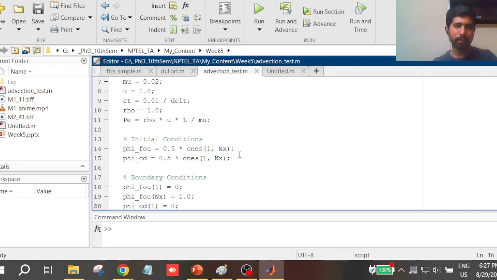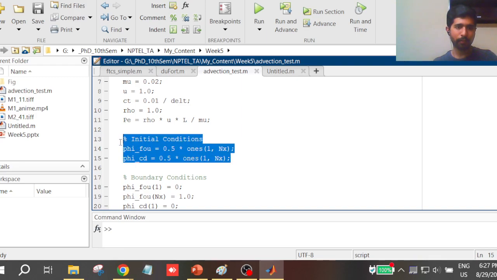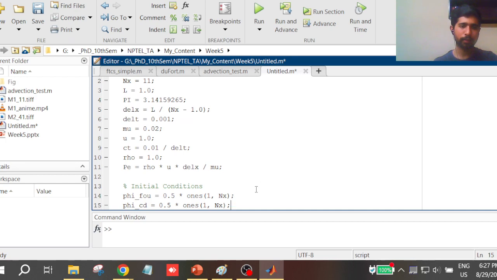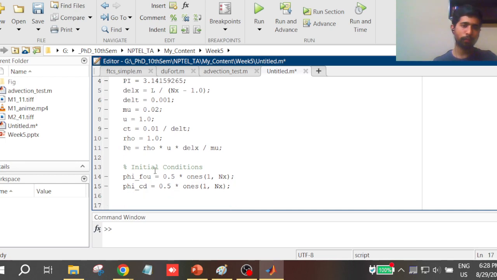I have just taken two schemes here, first order upwind and the central difference scheme for your convection. So I have defined two variables, two initial conditions. phi FOU corresponds to the phi calculated using FOU, whereas phi CD corresponds to the phi calculated using central difference.